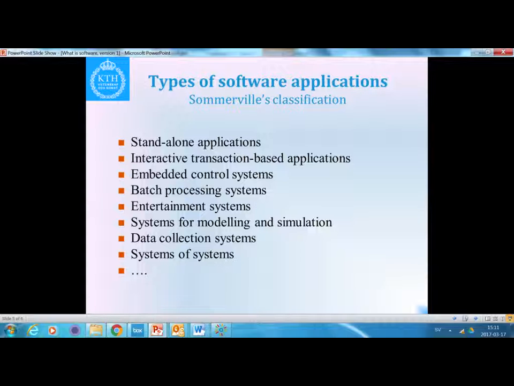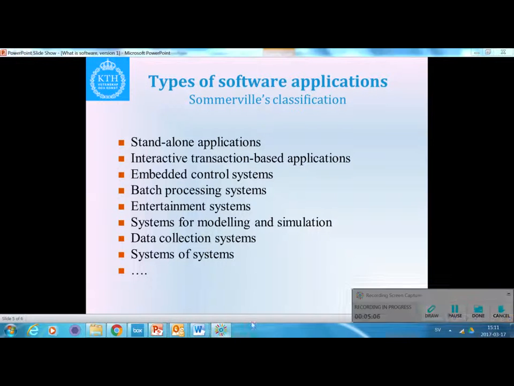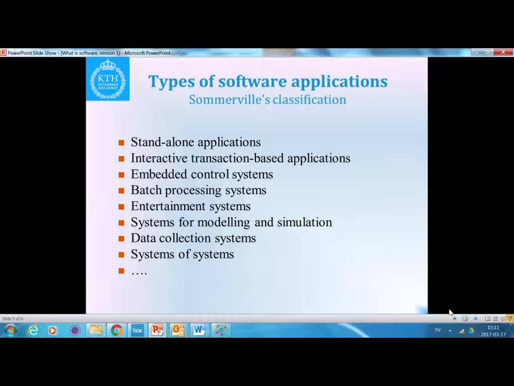We have data collection systems, systems that collect data in a systematic fashion and then structure and analyze it for some specific goal. We have also systems of systems, where systems are integrated into bigger systems, and so on and so on. And we have many other types of applications, and I can't even imagine what the future is going to offer us later on.